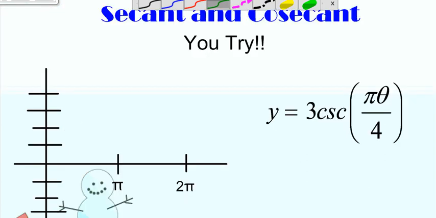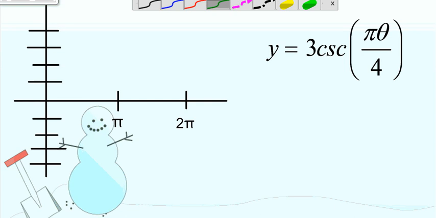Okay, and please try 3 cosecant of pi theta over 4 as well. Please be careful when finding the period. Remember, you're going to flip the fraction and then multiply across. And again, we'll talk about this when I get back. So take the time to go ahead and pause the video here and solve for this function.